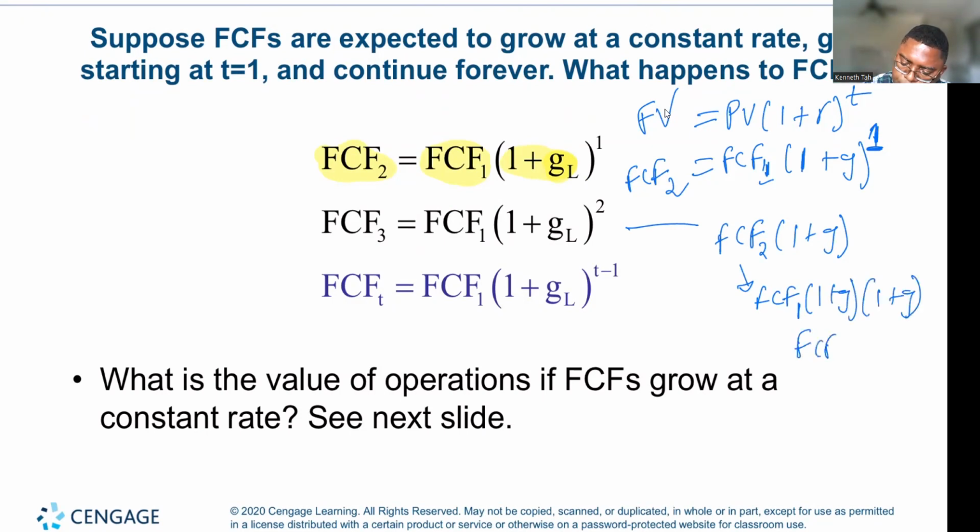So this is going to be free cash flow year 1 times 1 plus g raised to the power 2. So notice that free cash flow year 3 is free cash flow year 1 times 1 plus g raised to the power 2. Accordingly, free cash flow year t is going to be free cash flow year 1 times 1 plus g raised to the power t minus 1.